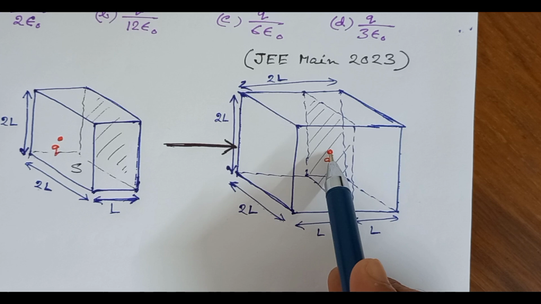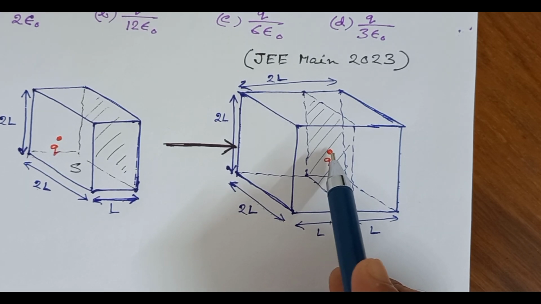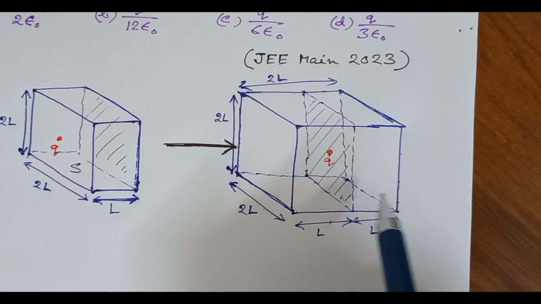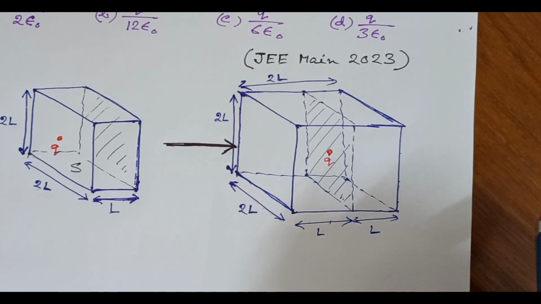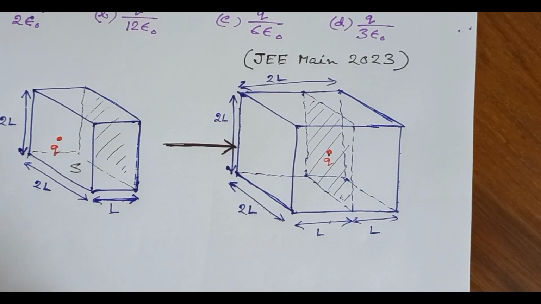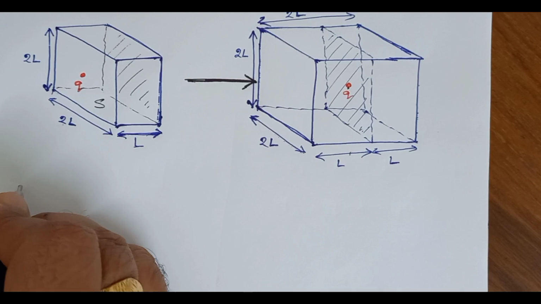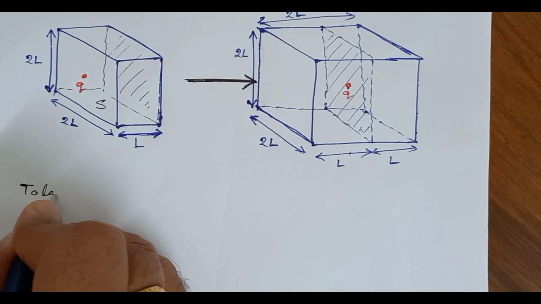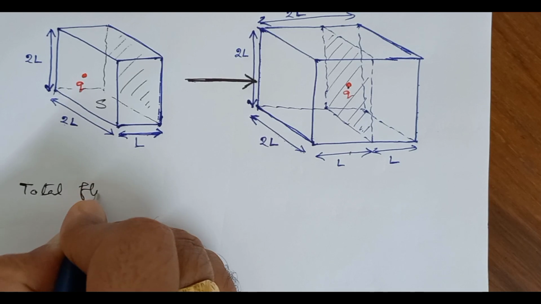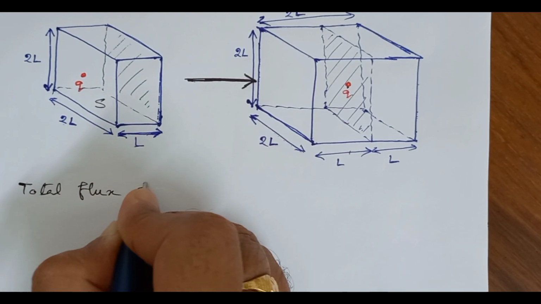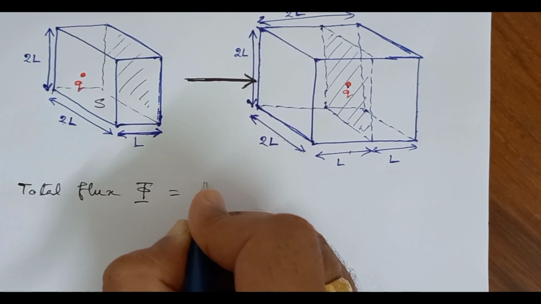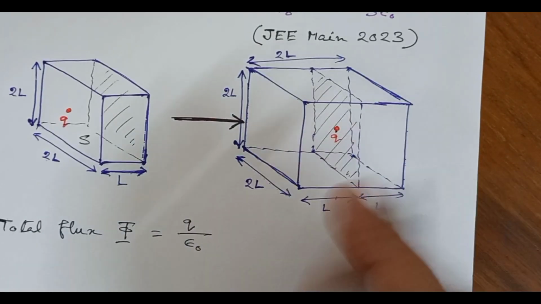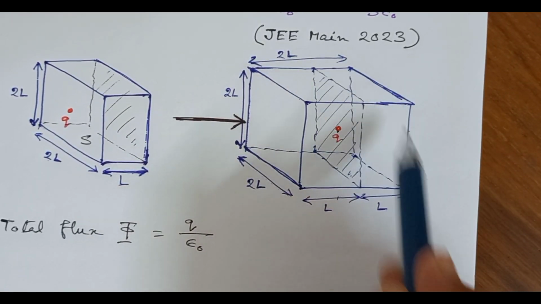For this case the flux of this charge Q through all the surfaces is equal according to Gauss's theorem. So we can write the total flux phi is equal to q by epsilon 0. This is actually the flux through the total surface.